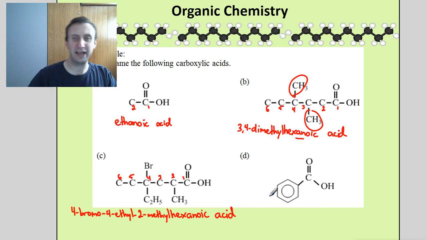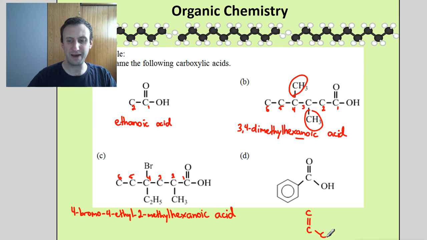Now, D is actually a bit of a weird one. We have a benzene here, and then we have this carbon coming off of the benzene. Now, I could not put a carboxyl group directly on one of the benzene carbons because benzene carbons already have 3 bonds when they start out, right? They've already got 3 bonds. So I don't have room for a double bond O and an OH coming off of a benzene carbon.